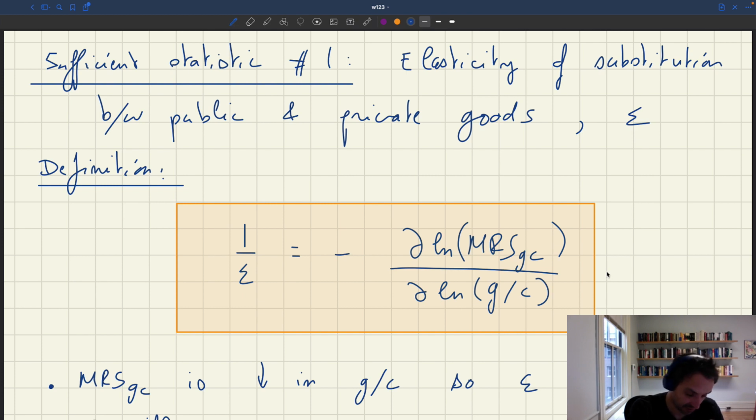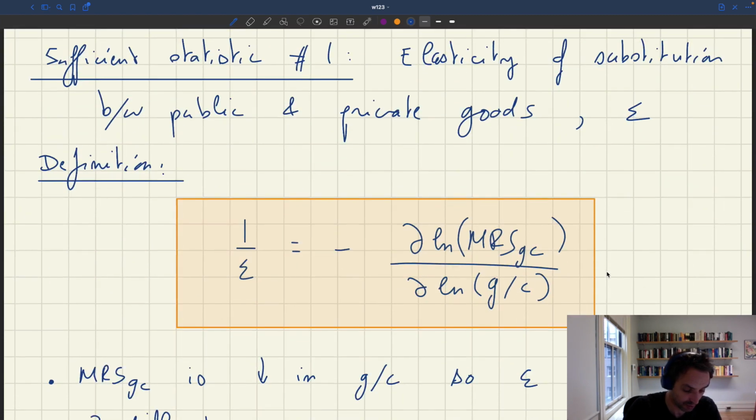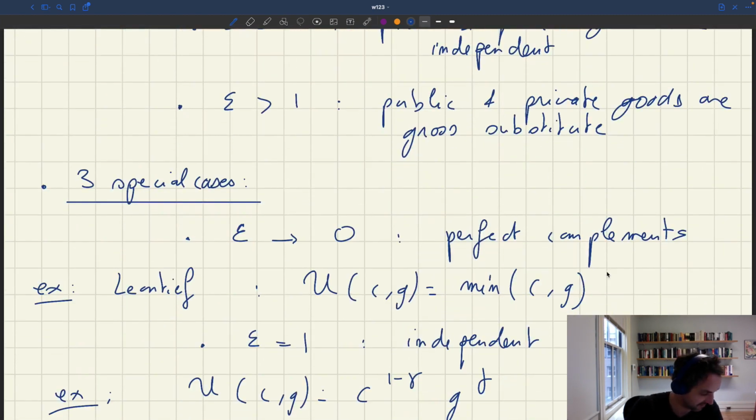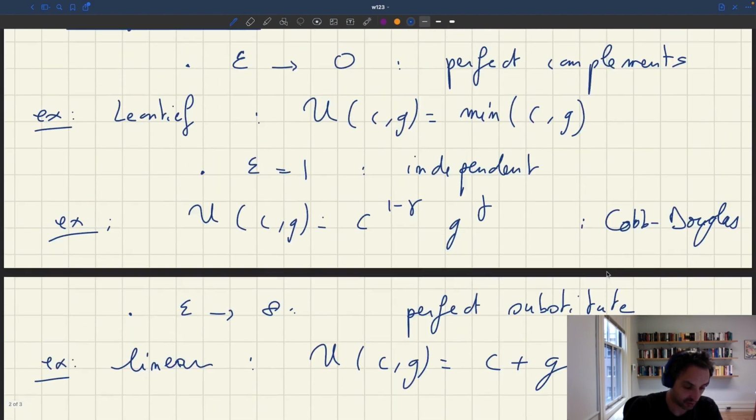When epsilon is equal to 0, it varies infinitely. That's when you have perfect complements. And then epsilon equal to 1 corresponds to the Cobb-Douglas case. What we will see down the line is that this epsilon, our elasticity of substitution, is going to be a key sufficient statistic in our formula for optimal stimulus spending.